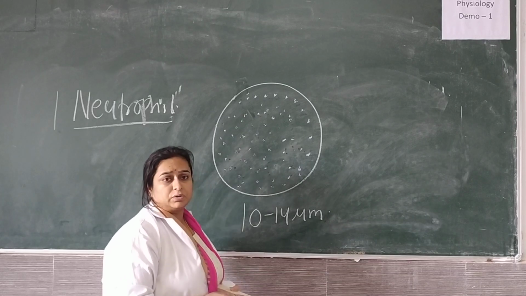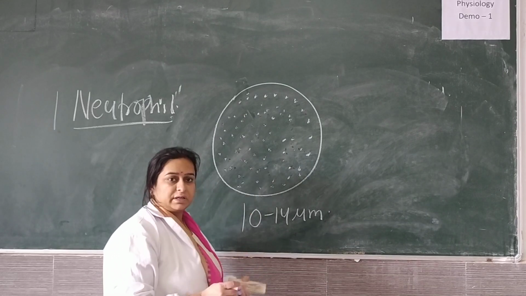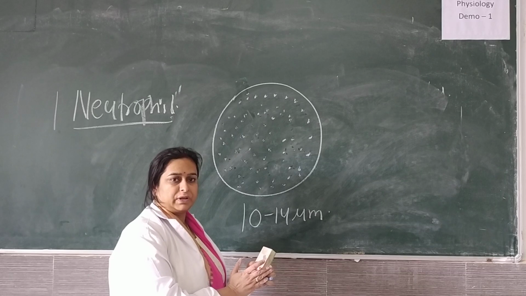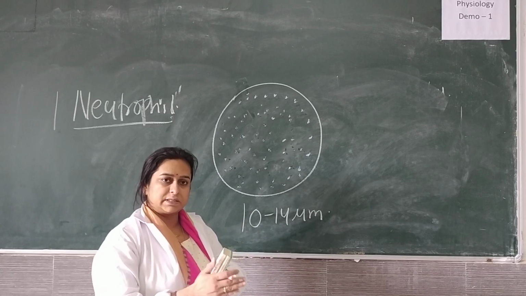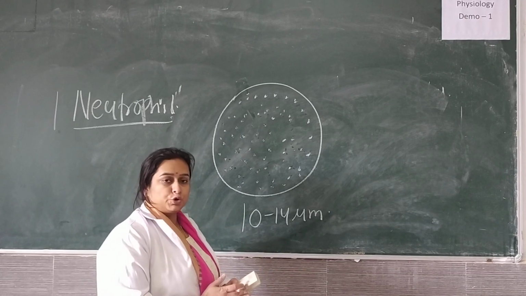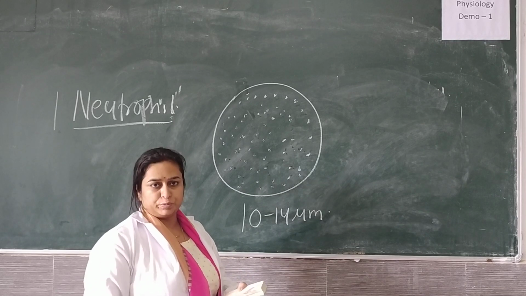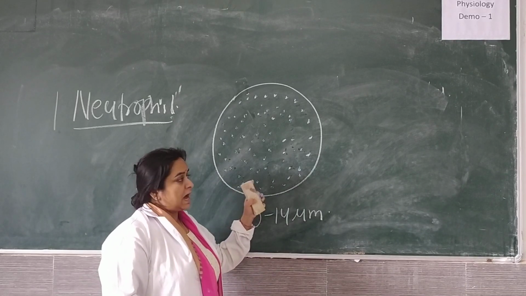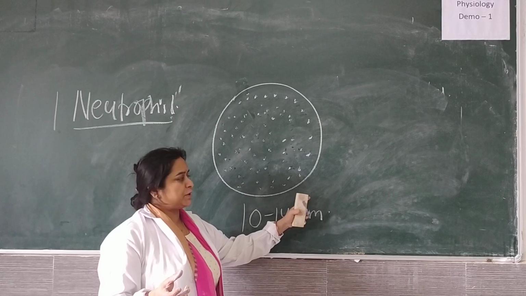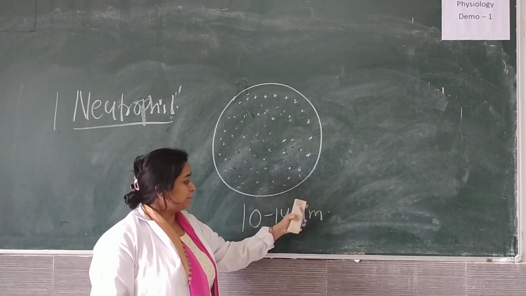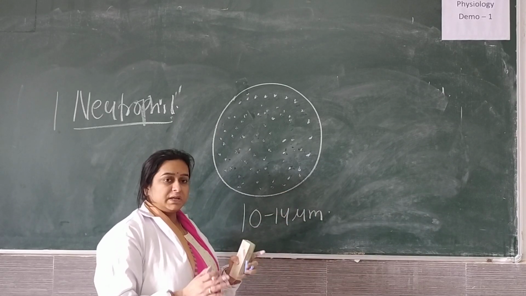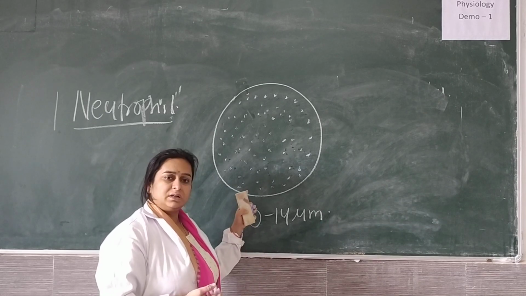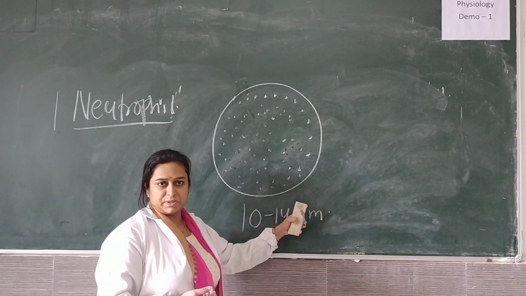Now we talk about the most important thing: how we differentiate neutrophil from other surrounding RBCs or from other surrounding WBC. First thing first, RBC size is somewhere between 7 to 9 micrometer. It means the WBC will be double the size of the RBC.